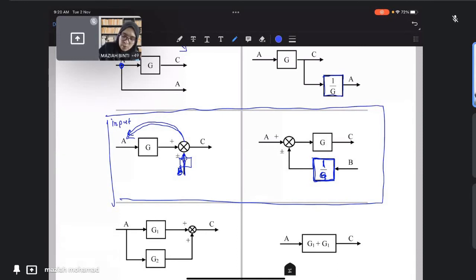This block is 1 over G. Before you move, there is no block, but after you have moved, you need to multiply with 1 over G. Basically, yes, if you just look at the rules here, you cannot imagine. Later on in the example, you will see how it happens.